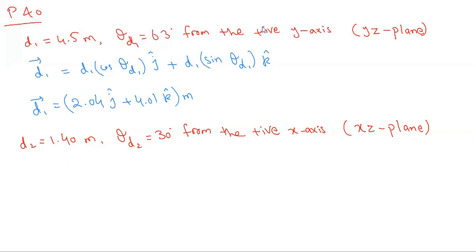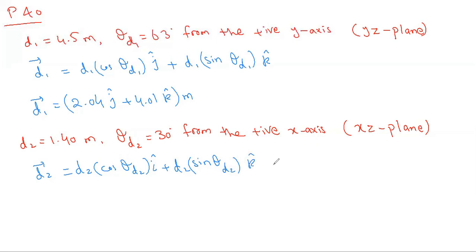So we can find the components of the vector as d2 cos theta d2 and d2 sine theta d2. Now this component will be the ith component and this will be the kth component.